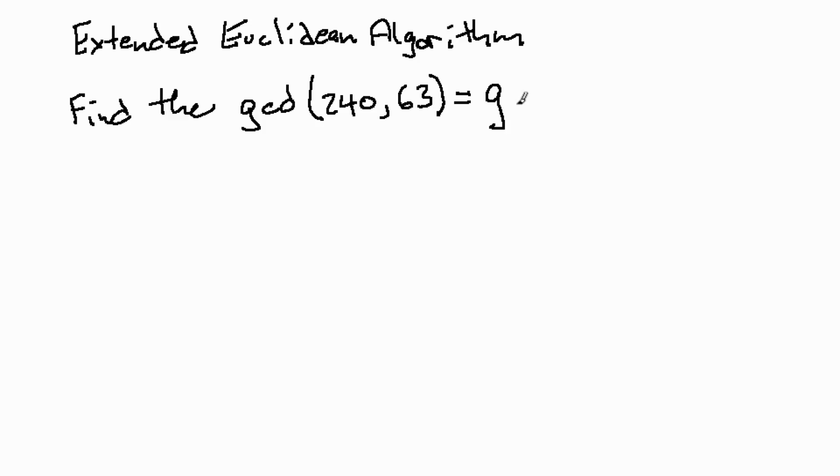And we don't know what G is, but let's suppose that we have it already. The extended Euclidean algorithm not only finds this number G, but it does something a little bit more.